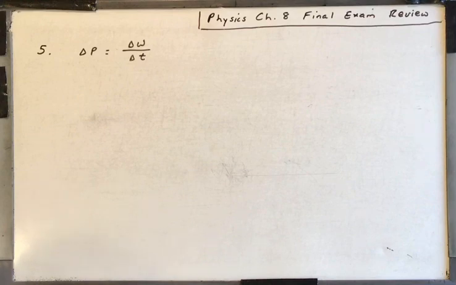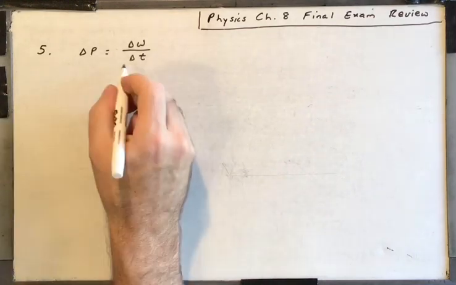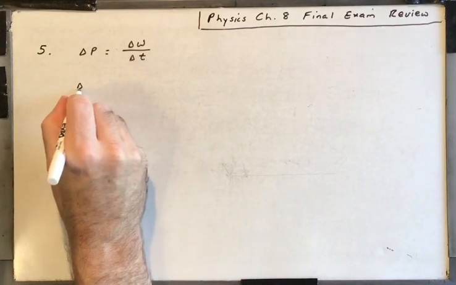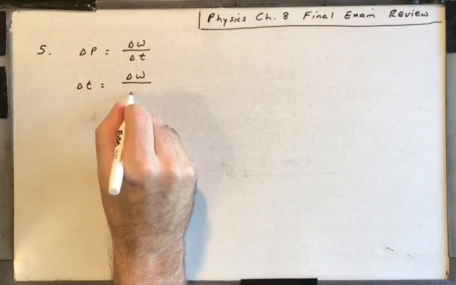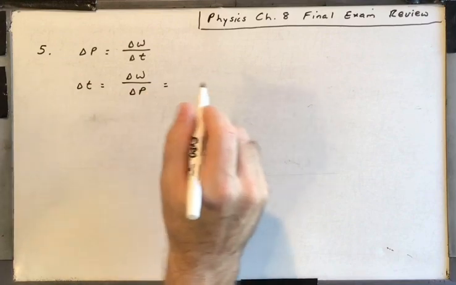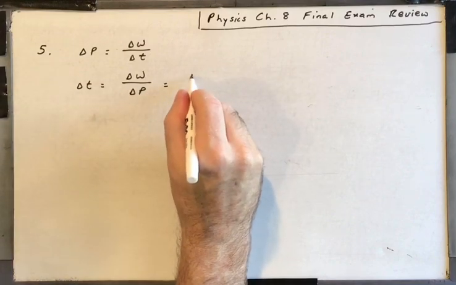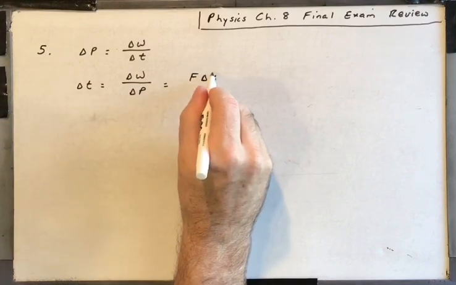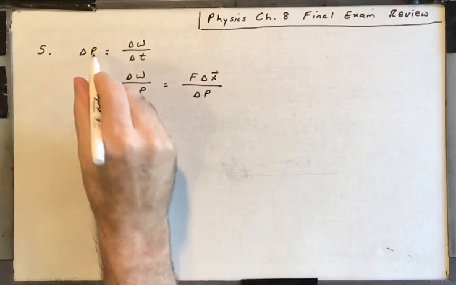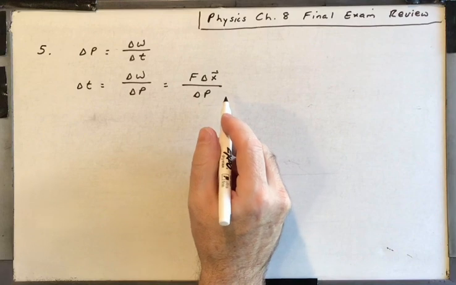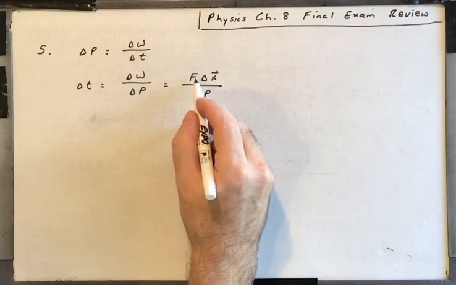Okay. So if we want to know how long, we're solving for the time. Work is just force times distance. So time is F delta x over power. We already have the power, it's 500. Well, what is the force?